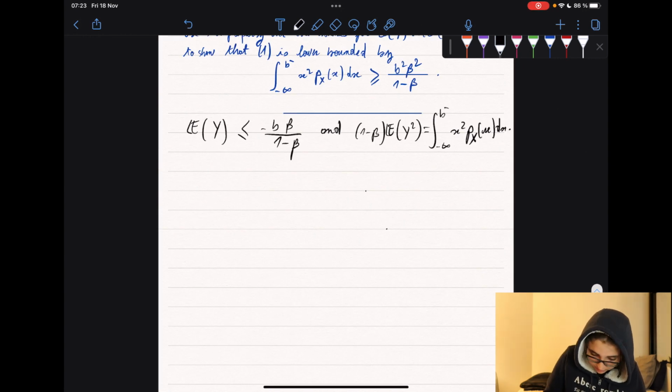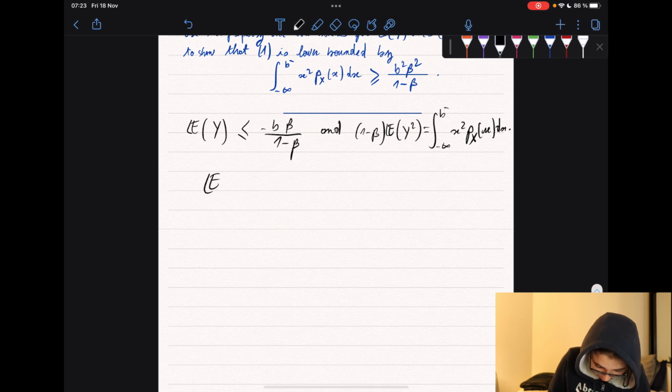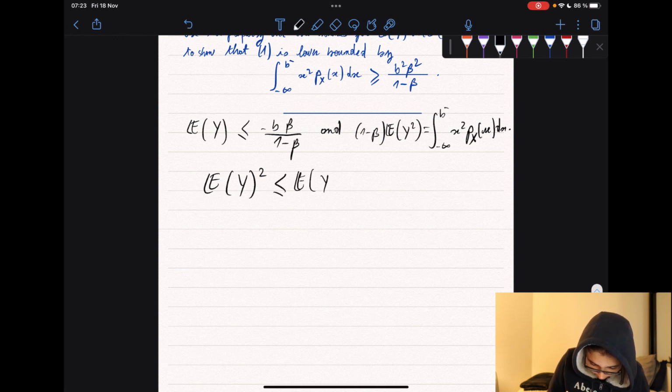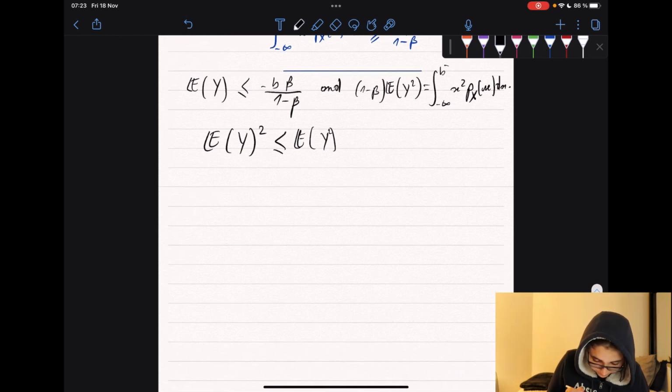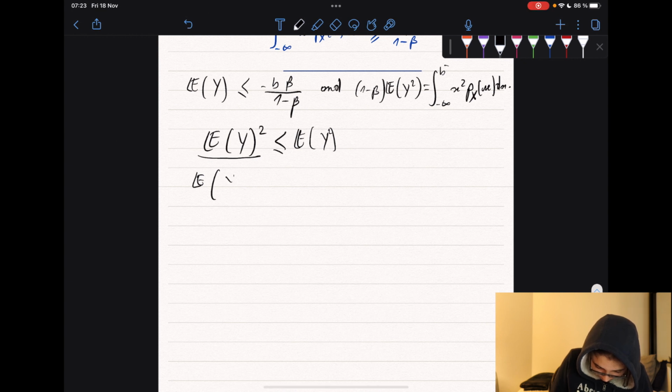So at this point, we want to leverage this inequality in terms of the random variable y. The expectation of y, all of it squared, is less than the expectation of the random variable y squared. And we're just gonna use the bound that we have on E[y] and translate it into a bound on E[y squared].